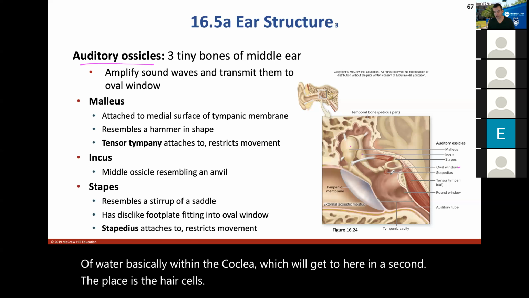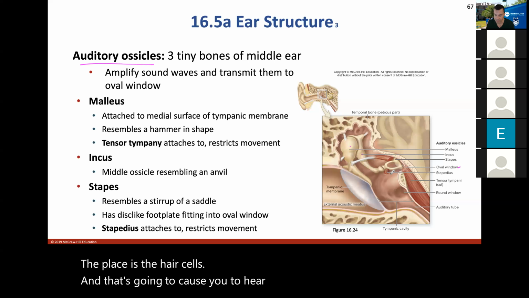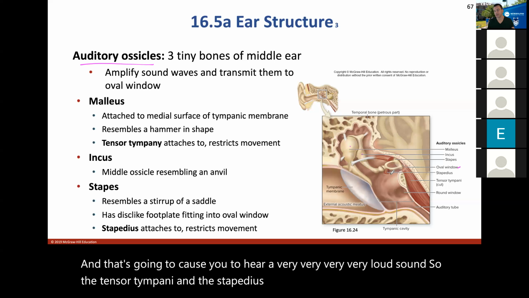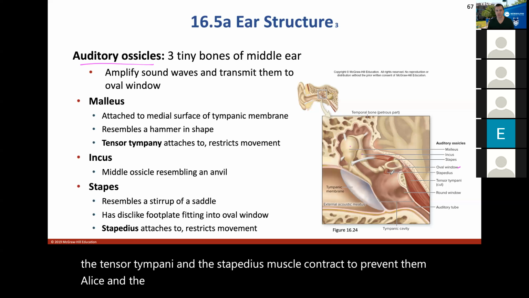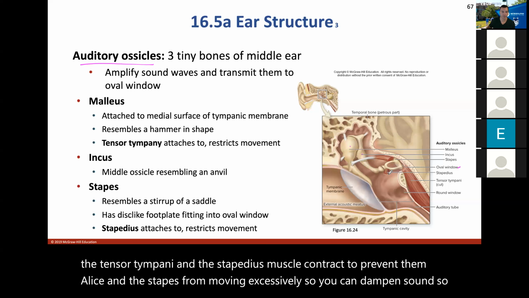That's going to cause you to hear a very, very loud sound. So the tensor tympani and the stapedius muscle contract to prevent the malleus and the stapes from moving excessively, so you can dampen sound. That's their purpose, all right?